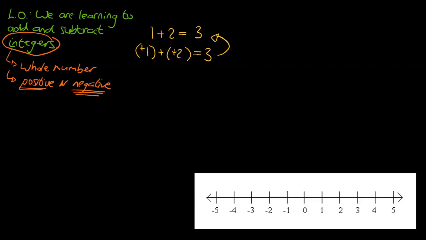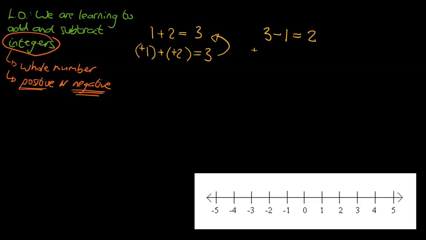We can then have a look at subtraction. So let's try, what's 3 minus 1? In our heads, we know that's going to be 2 because we start at 3 and we go back 1, which will end us up at that 2 mark there. So subtraction is normally associated with decreasing.